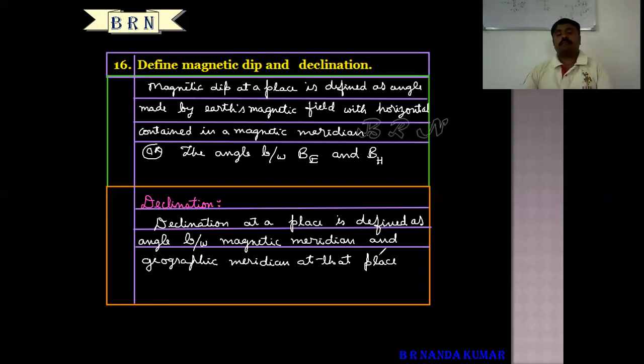Okay, declination of the place is defined as simply the angle between the magnetic meridian and the geographic meridian at that place.